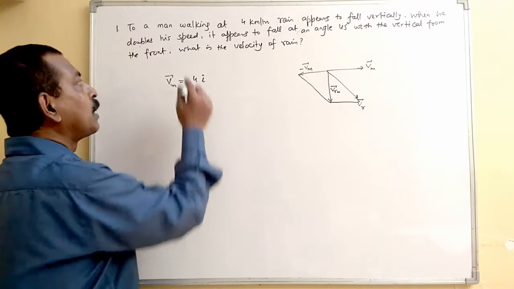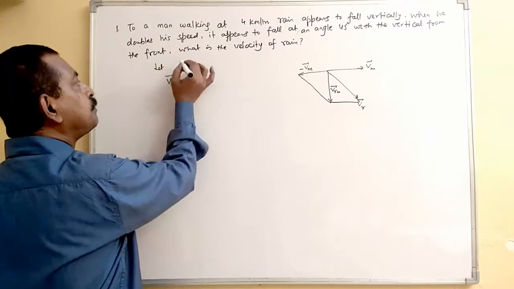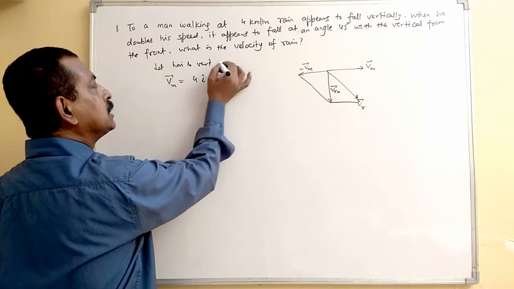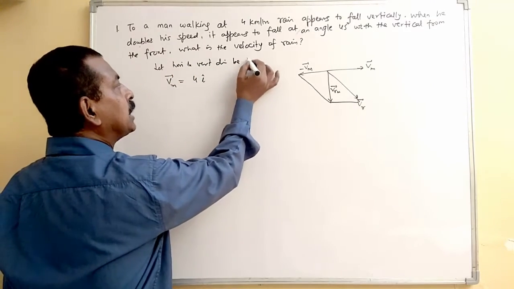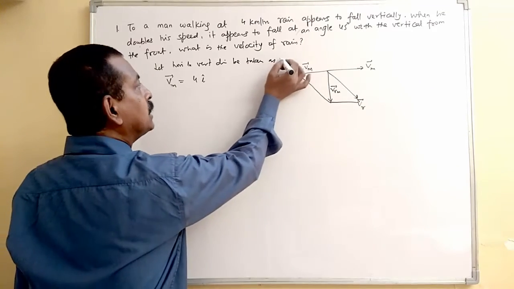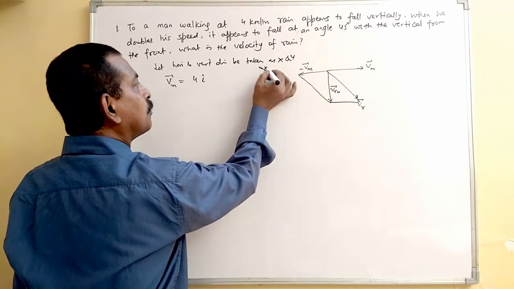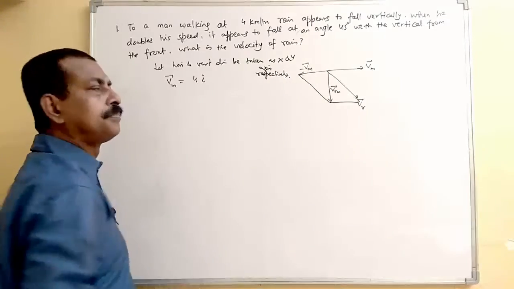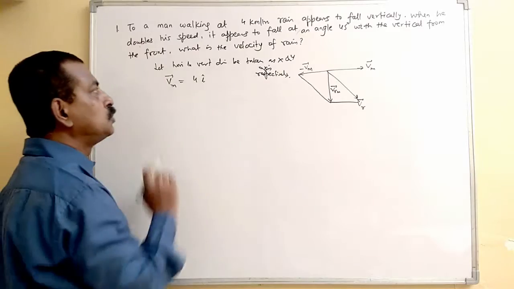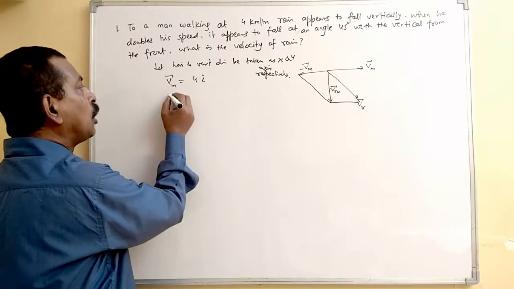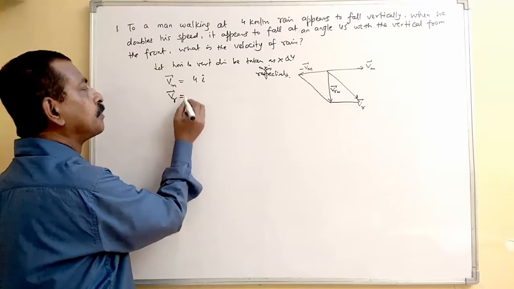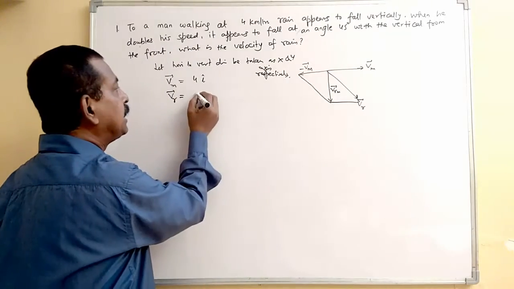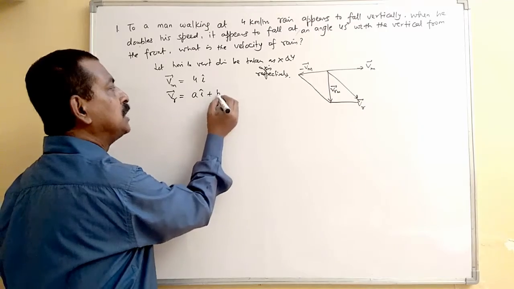Let horizontal and vertical directions be taken as x and y axis respectively. So I can write velocity of man as 4i. Velocity of rain, this we do not know. We have to find this. So let it be represented as ai plus bj.